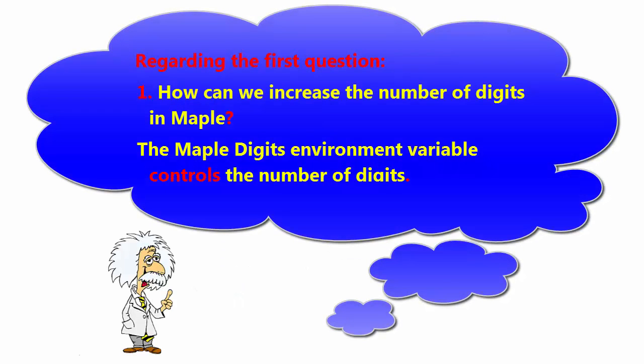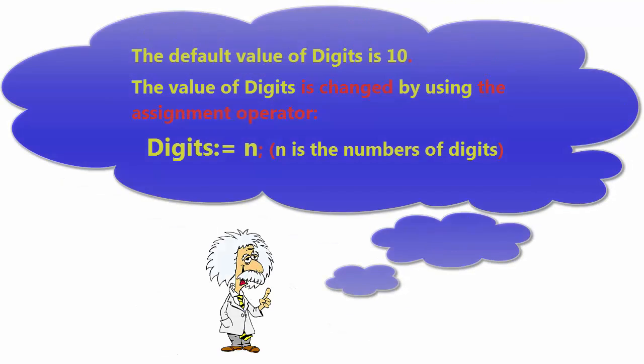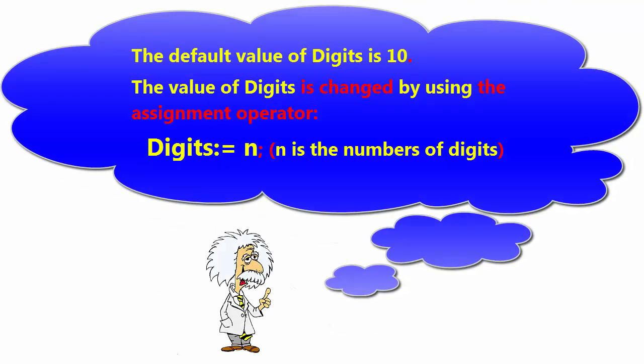Regarding the first question, how can we increase the number of digits in Maple? The Maple digits environment variable controls the number of digits. The default value of digits is 10.